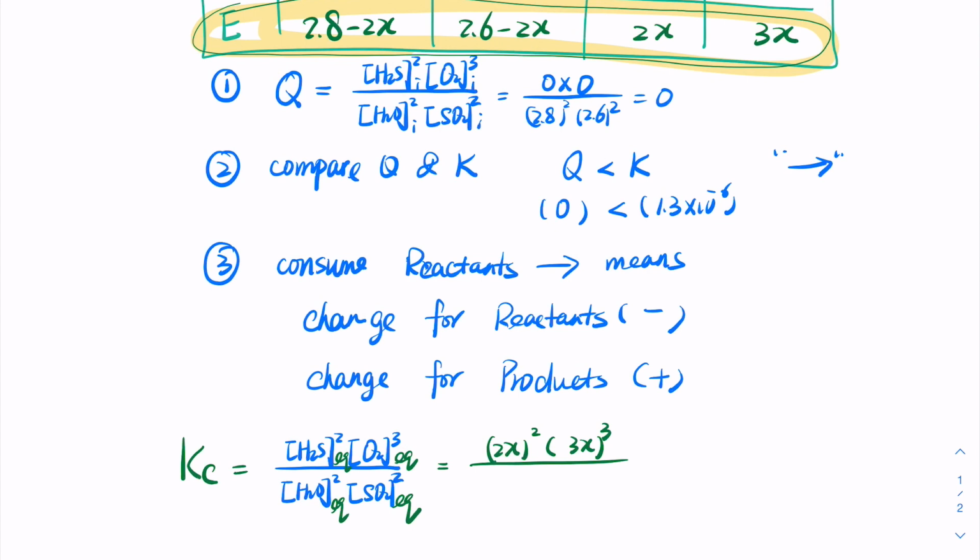On the denominator, you'll have 2.8 minus 2x squared times 2.6 minus 2x squared, equals 1.3 times 10 to the power negative 6.